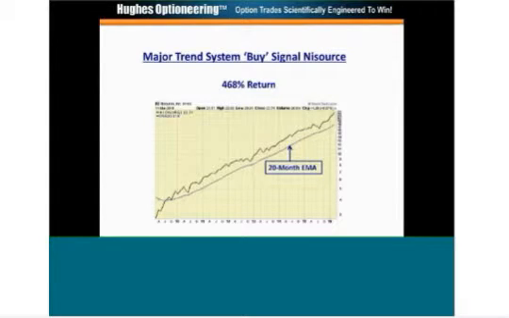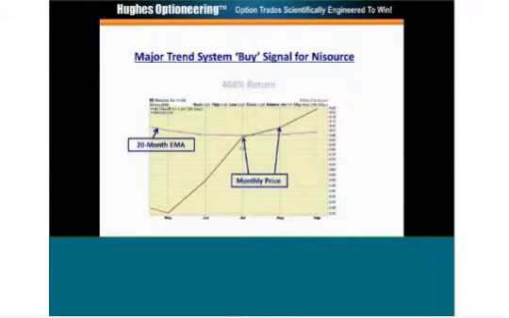Here's a shorter term price trend. This is the monthly price movement here. These red and black lines, these are the monthly price movement of NiSource. Here's the 20-month EMA. So we can see back in 2009, it went on a buy signal, and that was August of 2009.